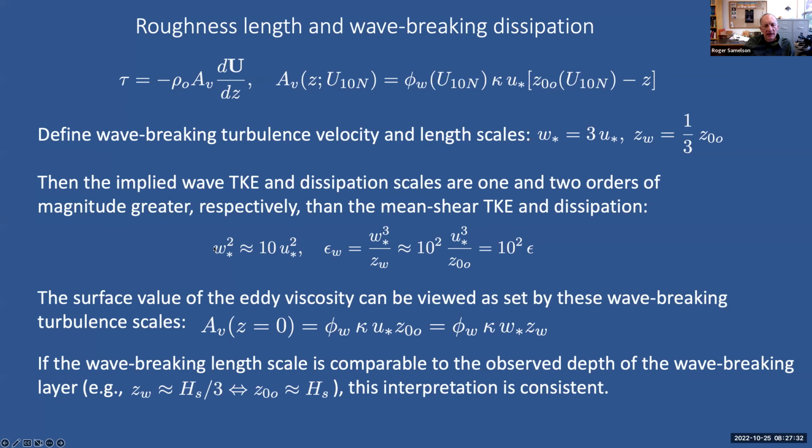So now I want to come back to, as I said, I was going to come back to that dissipation model. There is a way of thinking about this roughness length in terms of wave breaking dissipation. So I wanted to mention that.